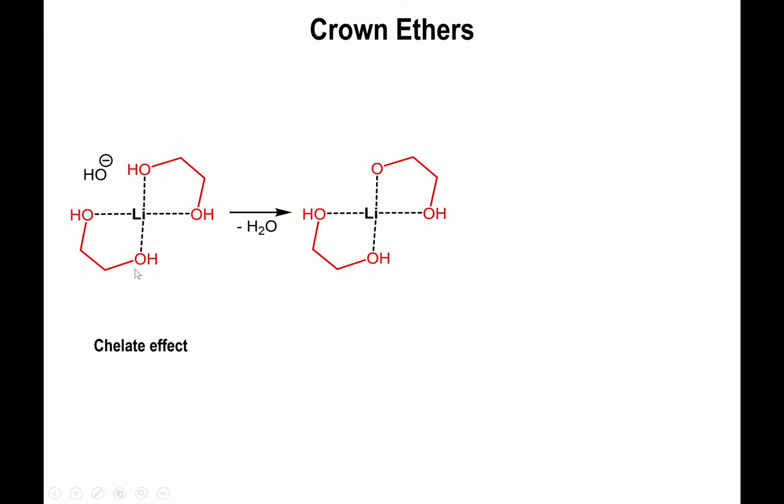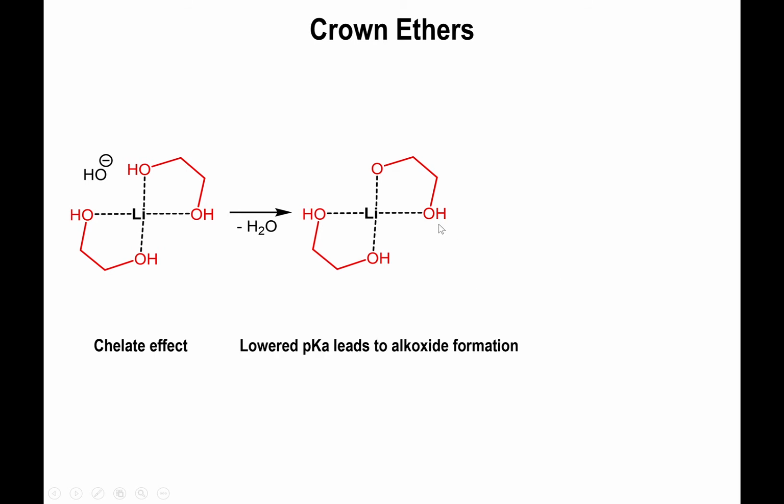And by the way, the formation of these complexes is also aided by what we call the chelate effect, which is simply the fact that the same molecule has 2 or more anchor points that can bind to the same metal.